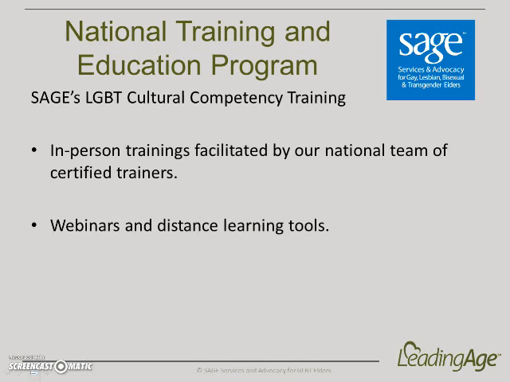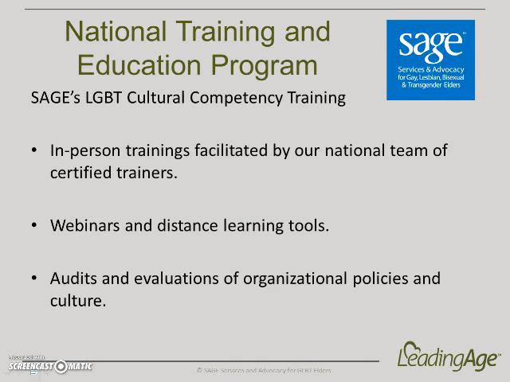All of our webinars are facilitated live by a certified trainer to offer trainees a lot of opportunity for interaction and to ask questions. And then finally, SAGE is available to help audit your organization and do a large-scale evaluation of your organizational policies and culture as it relates to LGBT identity and LGBT aging.